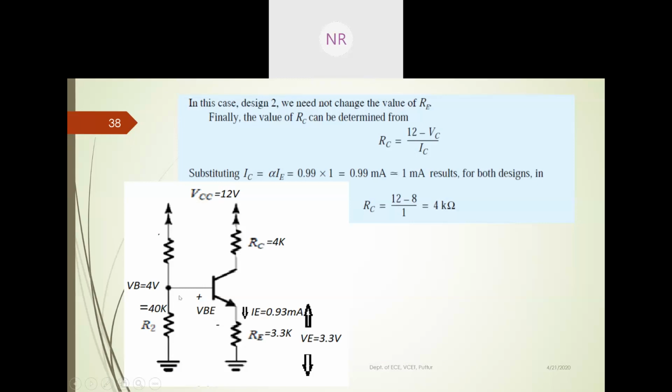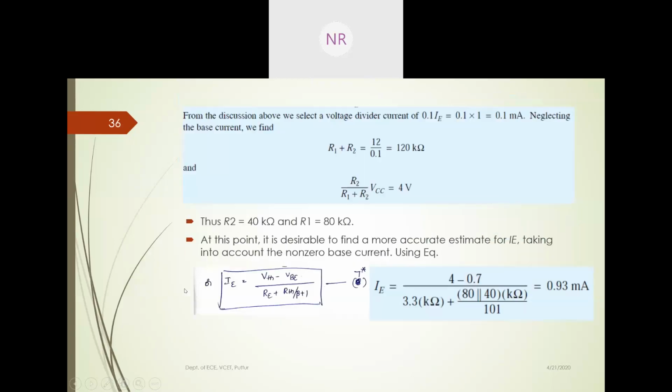So R1 plus R2 is equal to 12 divided by 0.1. 12 is VCC, divided by 0.1 milliamperes of current flowing there.